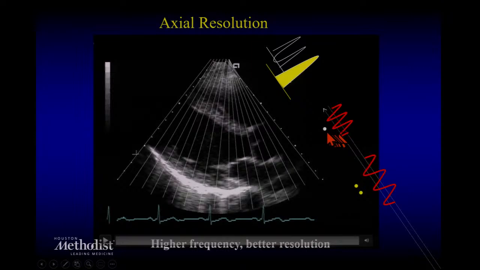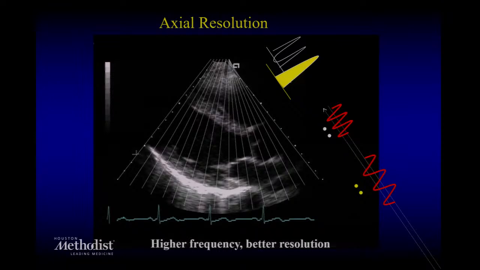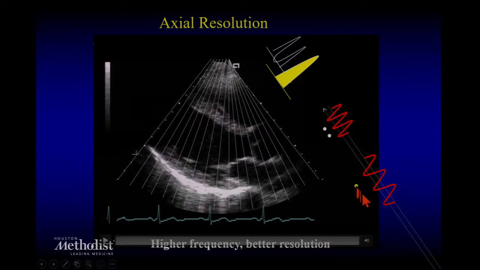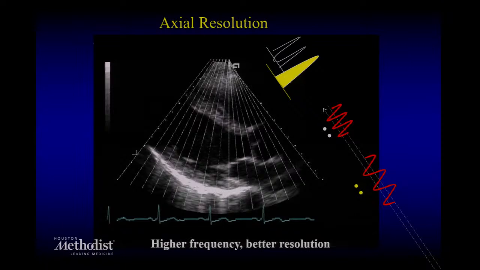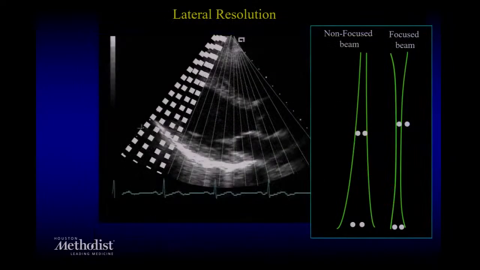And if the wavelength is smaller, I'm going to be able to differentiate two dots that may be closer together, as opposed to if I have a much longer wavelength, where I'm not going to be able to tell that these two are actually independently separate. So that's why at times the image may look more blobby, because if you use a lower frequency transducer, your resolution is not as good.